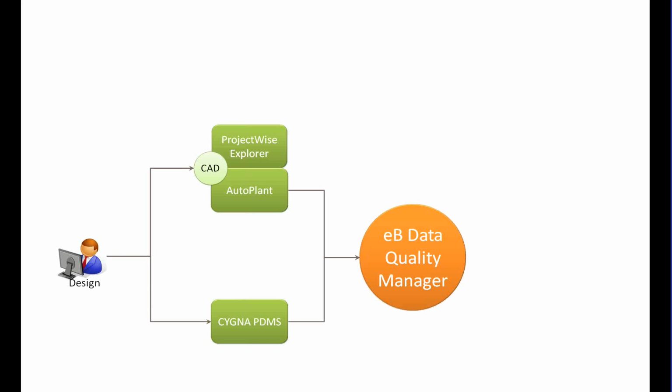But what we built into the ProjectWise Explorer tool is an ability for a designer engineer to select a drawing and produce on the fly a report that compares the EB Data Quality Manager qualified data as it relates to assets on that specific drawing to the in-process design data that's in the in-process design tool, and produce a report that shows the state of the assets, the state of the data behind the assets that reside on that drawing, and gives that designer engineer information so that they can update either the graphics and or the data as it relates to the assets on a drawing.